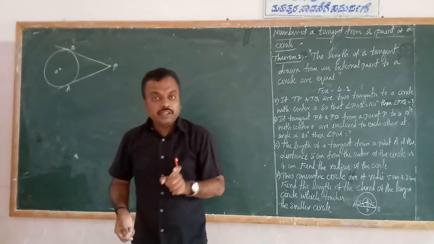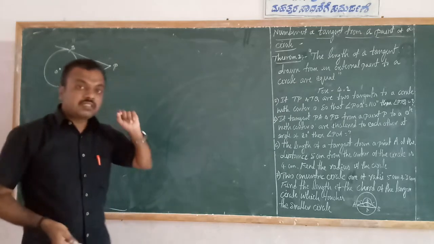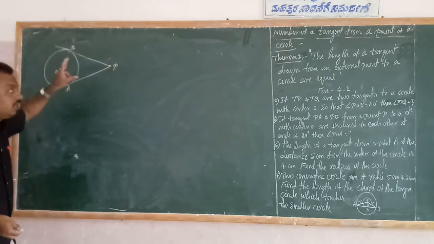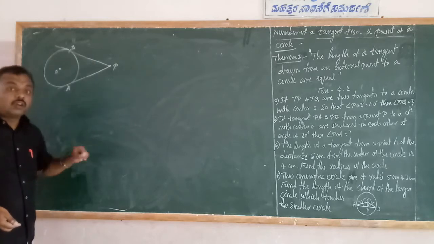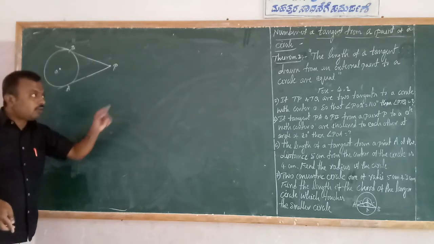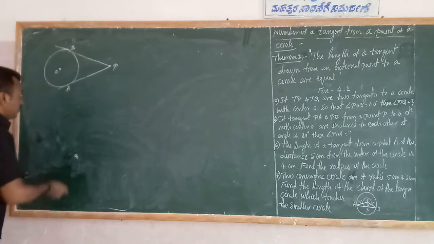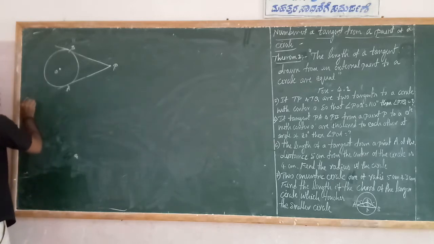So when you draw tangents from an external point to a circle, these two tangents are always equal. That is what we have to prove. Have you understood? Yes, students. So I will write the given. What is the given?